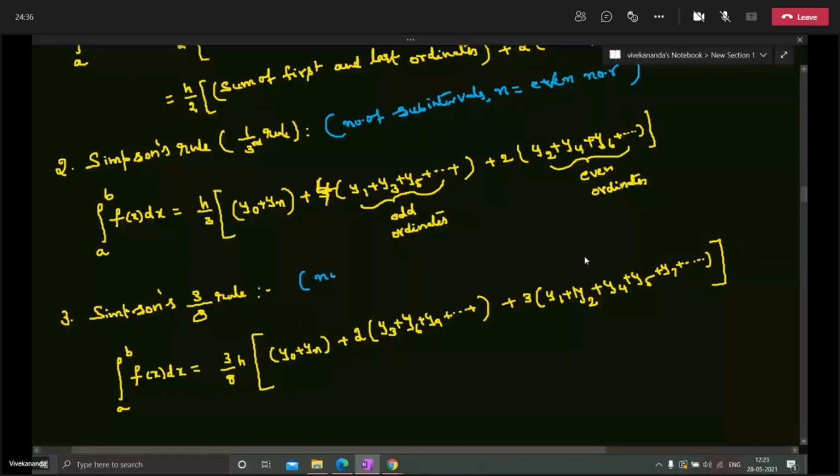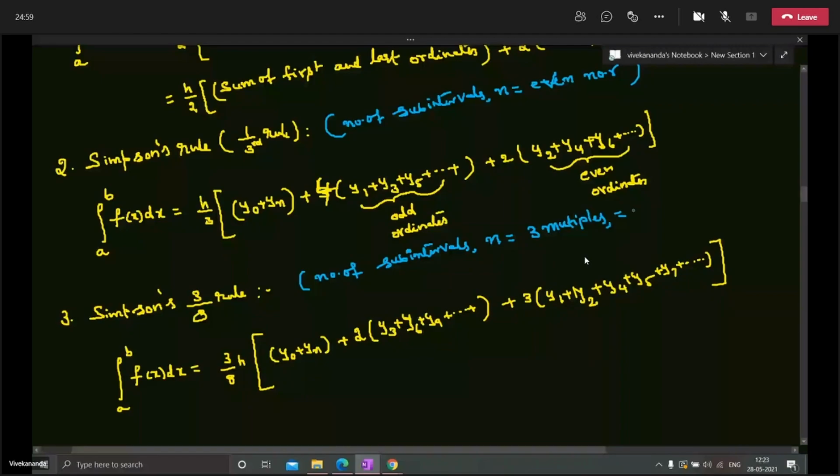Number of subintervals: n equals 3 multiples, means 3, 6, 9, 12.